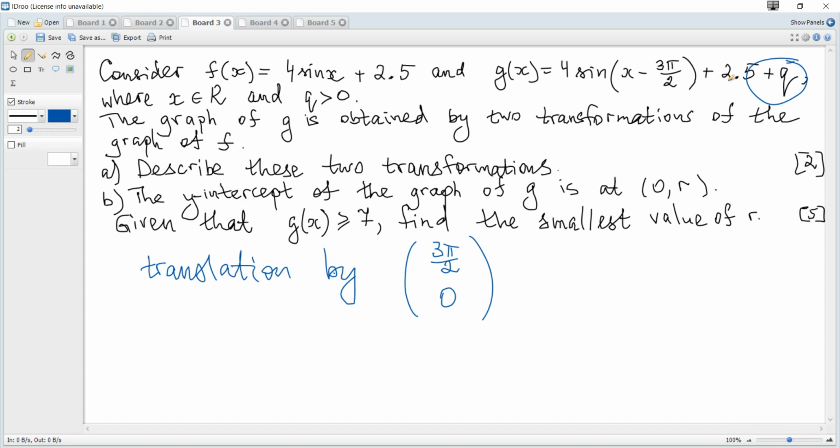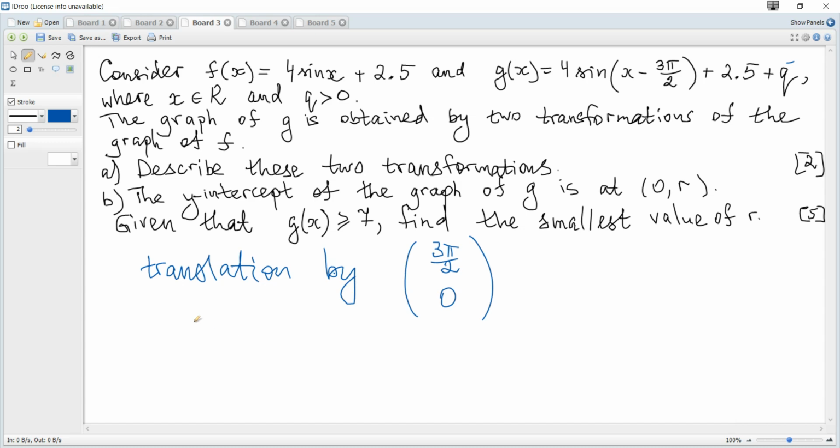arises, and what does it mean? It means that y values become larger by q, and it means vertical translation by q, or vertical translation q units up, or you may say vertical shift q units up, not vertical move or motion.